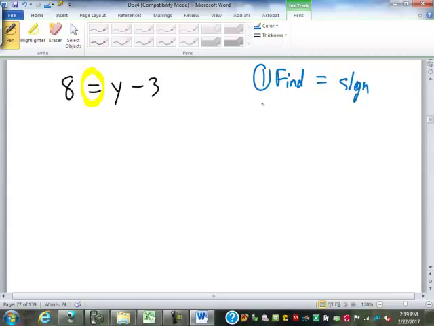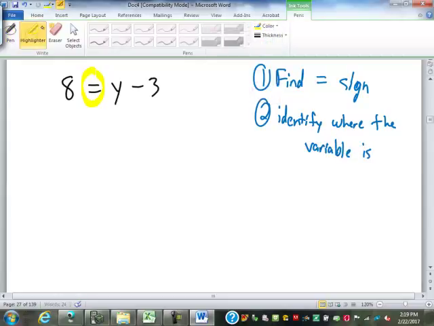Once we locate that equal sign, we identify where the variable is. So here the variable in this one is on the right side over here. So we found where the variable is.